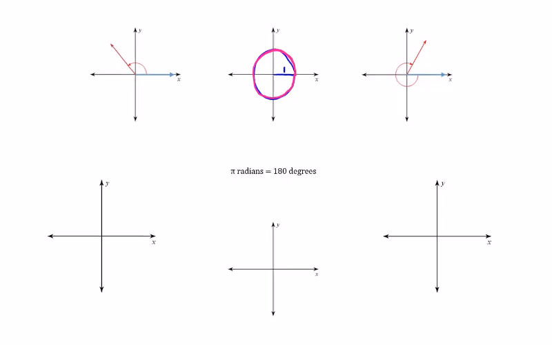Okay, so let's calculate this. If I have a circle with radius 1, what would the area be? Well, we know that the area of a circle is pi r squared, or excuse me, that's the area of a circle. We know the circumference of a circle is 2 pi r, right?